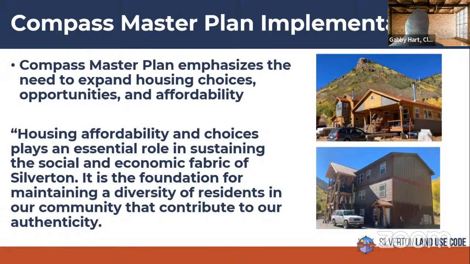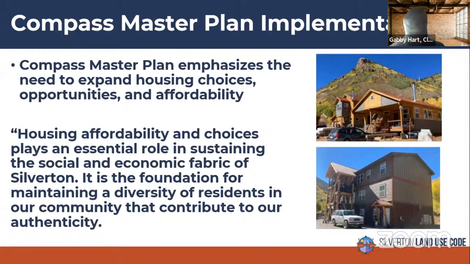The Compass Master Plan emphasizes the need to expand housing choices, opportunities, and affordability. There's a quote from the plan that says housing affordability and choices play an essential role in sustaining the social and economic fabric of Silverton. It is the foundation for maintaining a diversity of residents in our community that contribute to our authenticity.